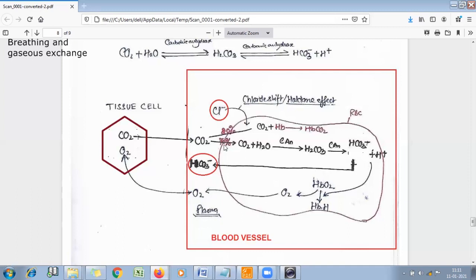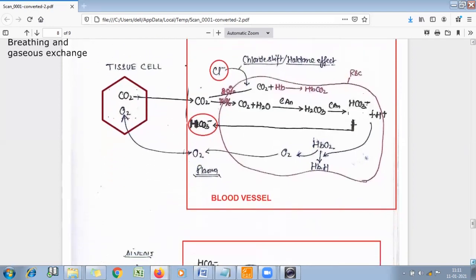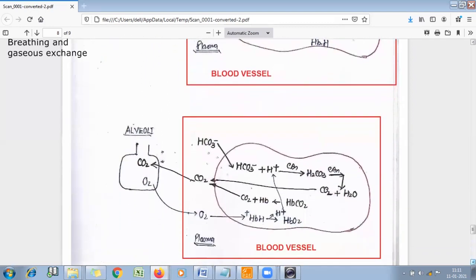So we can see here how this carbon dioxide is transported as carbonic ion, and how this chloride shift is also taking place. Now we will see what happens in alveoli.